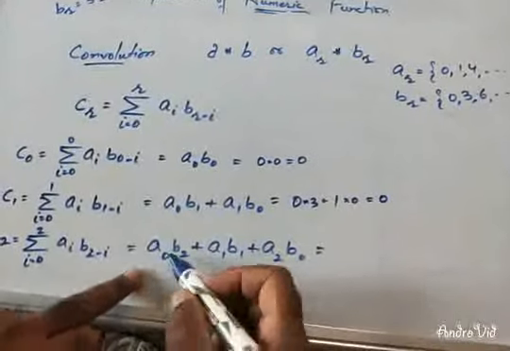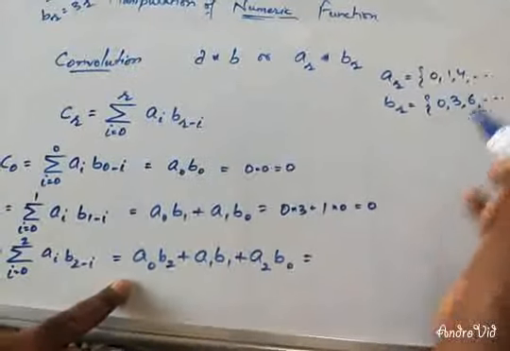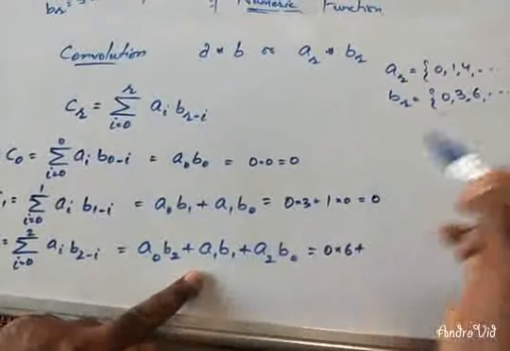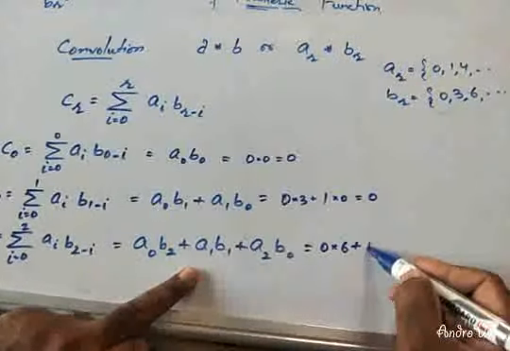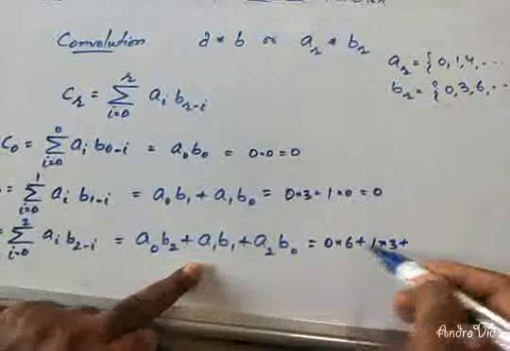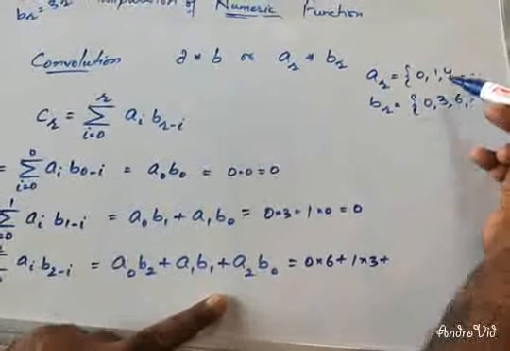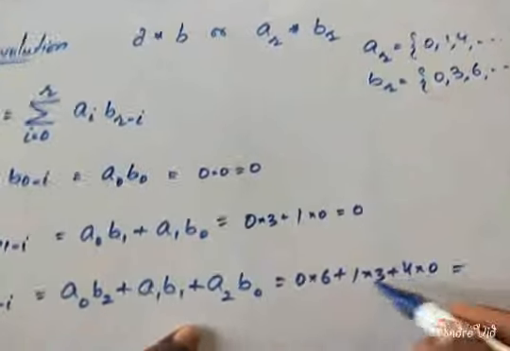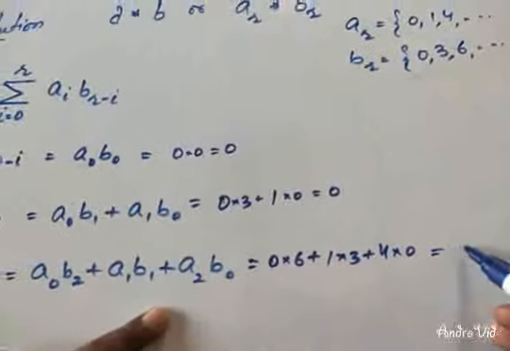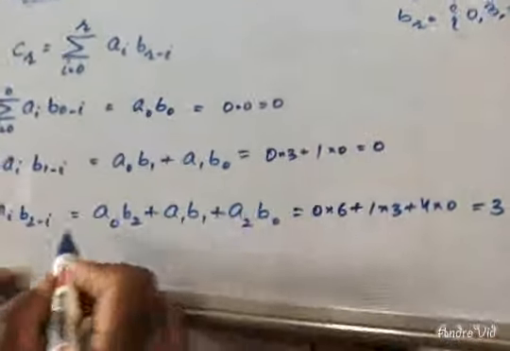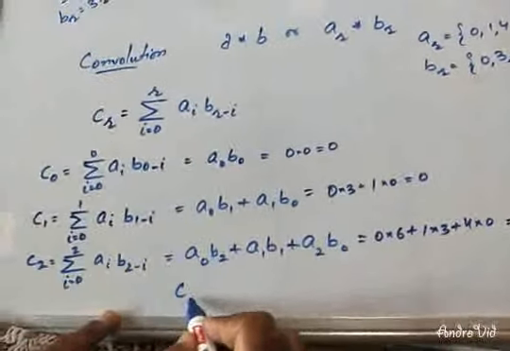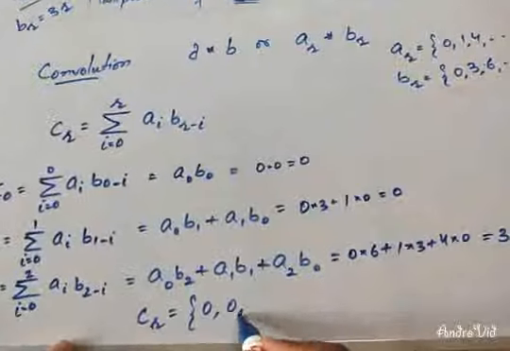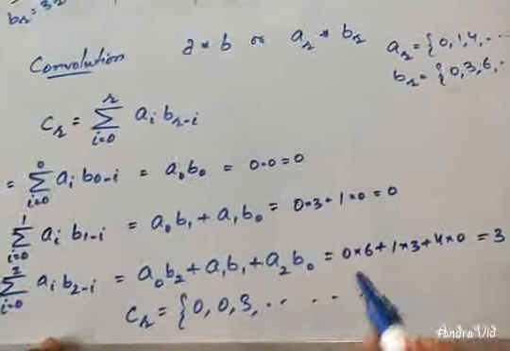C2 will be A0 B2, 0 times 6, plus A1 B1, that is 1 times 3, plus A2 B0, that is 4 times 0, which is 0 plus 0 plus 3, that is 3. So here we can say that CR has values 0, 0, 3 and some more calculated values which you can calculate later.